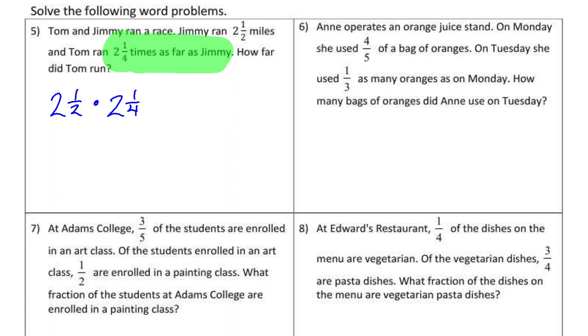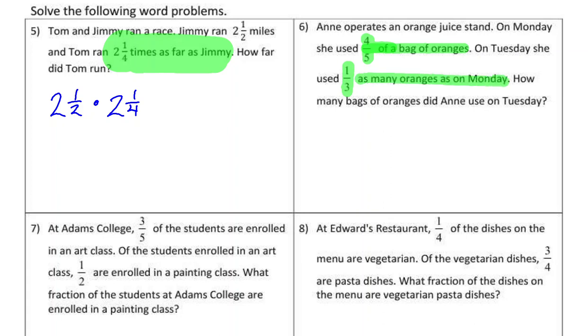So let's talk about number 6. Annie operates an orange juice stand. On Monday, she uses 4/5 of a bag of oranges, and on Tuesday, she used 1/3 as many oranges as Monday. How many bags of oranges did Annie use on Tuesday? So we know that she uses 4/5 of the bag of oranges on Monday, and then she used 1/3 as many oranges as she did on Monday.